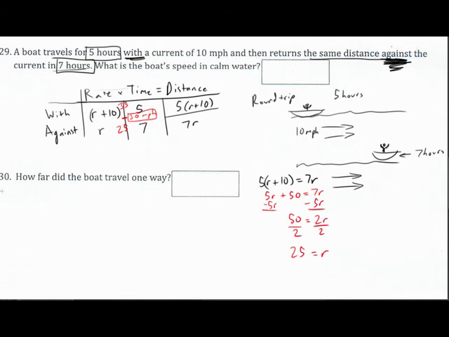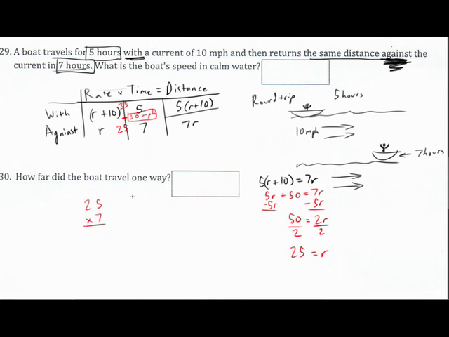Okay, for the next problem, number 30, it's still asking about problem 29. So how far did the boat travel one way? I'm going to take this 25 right here and pick either one. It doesn't matter because we had the distances set equal to each other, so you travel the same distance. It'd be easier to just say, what's 25 times 7?